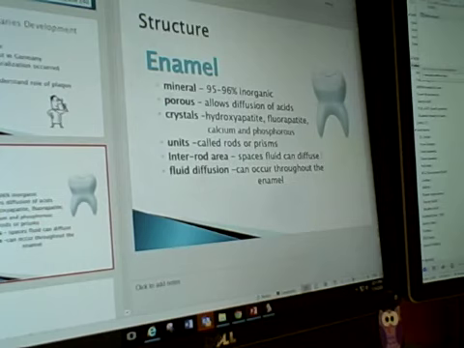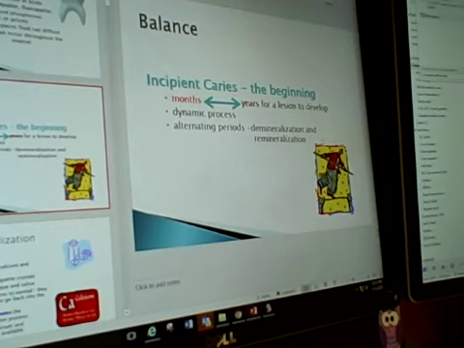It's an ongoing process where we have a demineralization when we've got a more acid, lower pH fluid going in there, and then we've got a higher pH remineralization when it's back to normal pH. So we're looking for that balance.